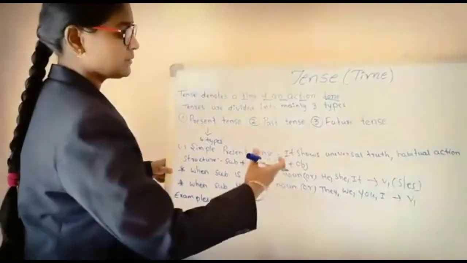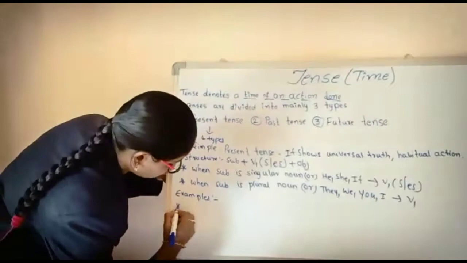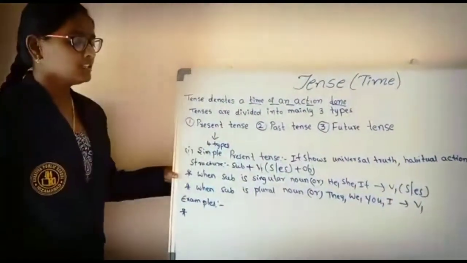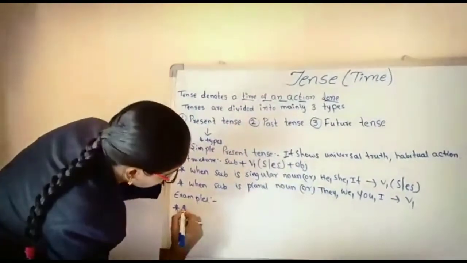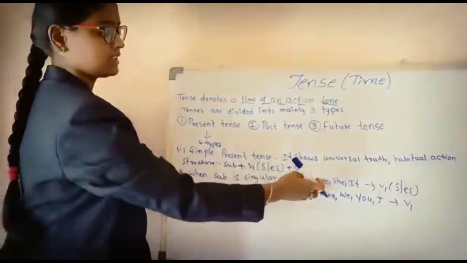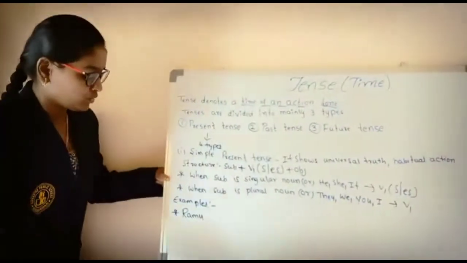First I am taking an example using V1 s/es. We can use he, she, it or a singular noun. I am using Ramu. Ramu is a singular noun and belongs to the pronoun he.